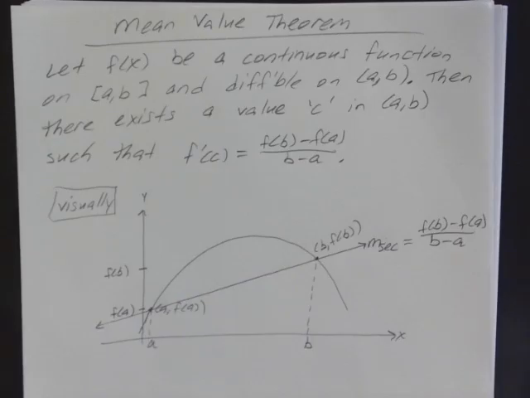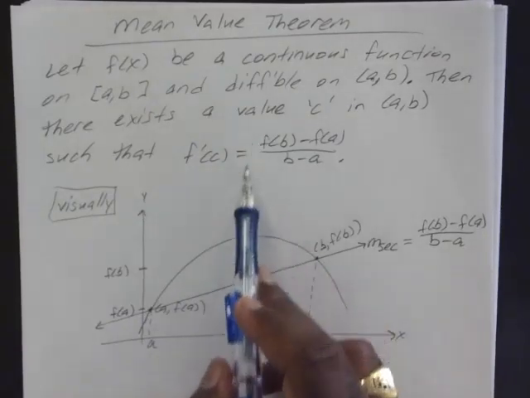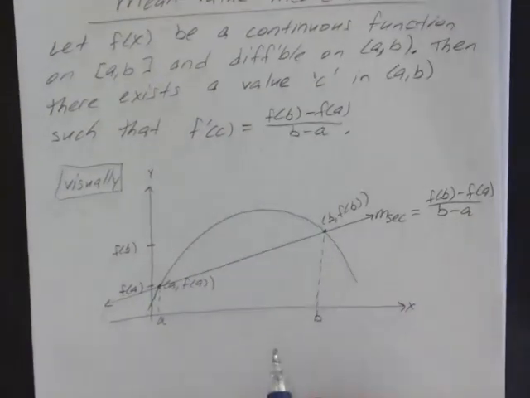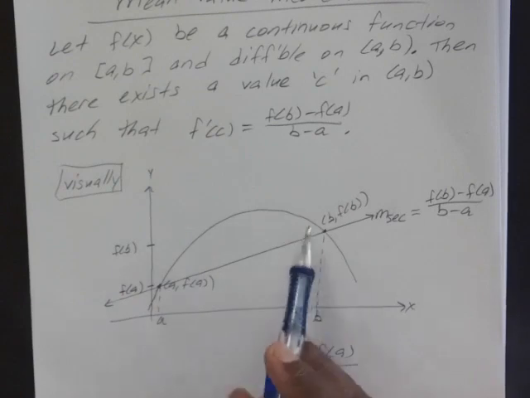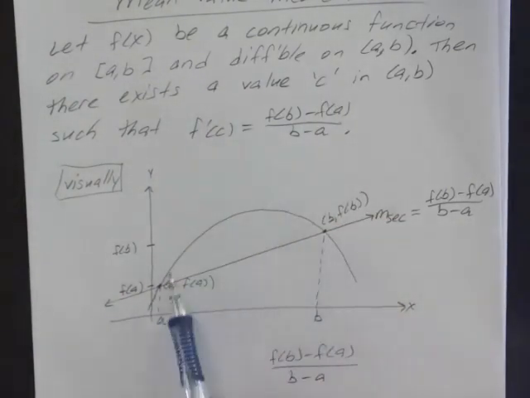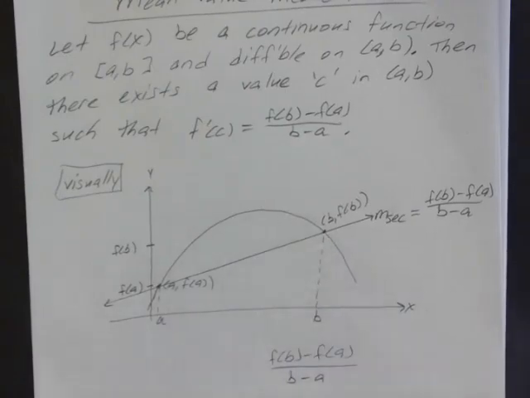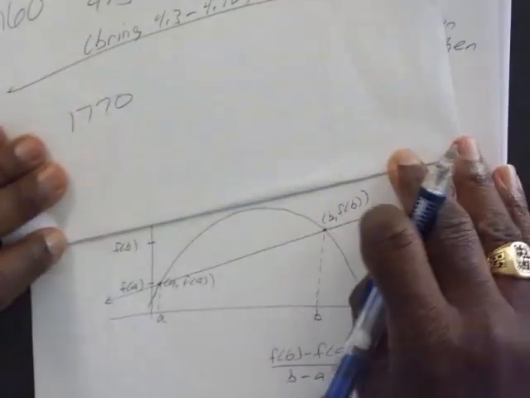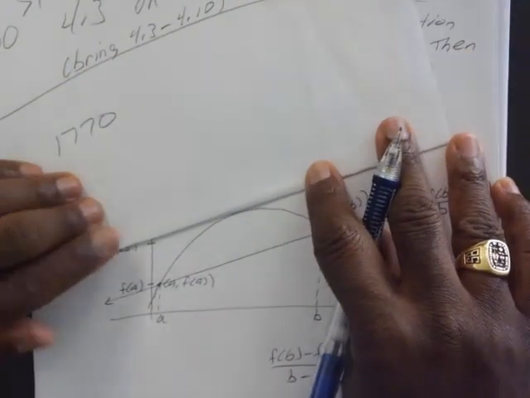Okay. So what this theorem says is that if you have that slope of the secant line, which is the right side here, f of b minus f of a, all over b minus a, then somewhere in between there, as long as it's continuous and differentiable everywhere between there, there exists some point that has the slope in the exact same direction.